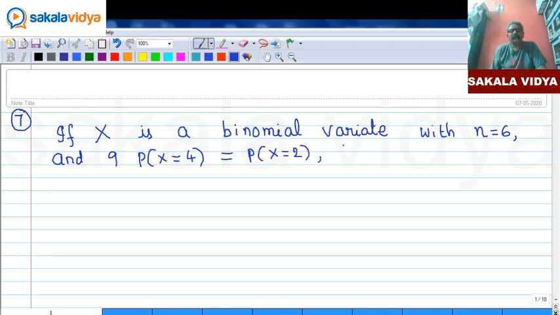The parameter p, that means the value of the parameter p, needs to be evaluated.